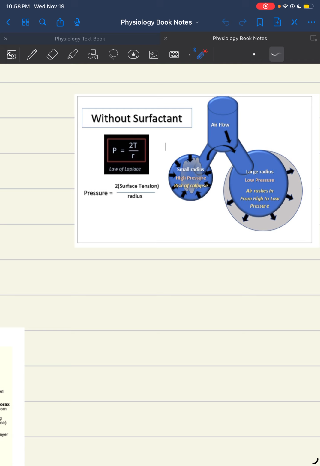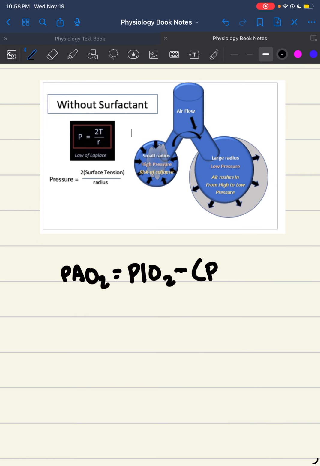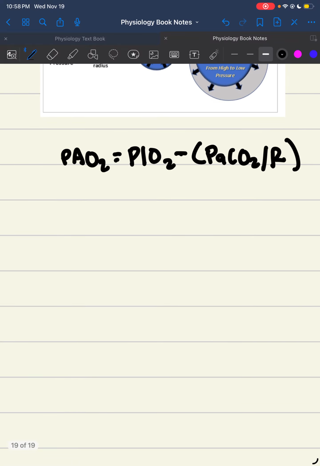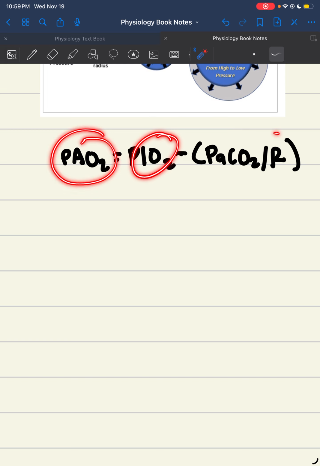Alveolar gas exchange. We're talking about this specific equation: PAO2 equals PiO2 minus PaCO2 divided by R. This is inspired oxygen, arterial carbon dioxide, and this is the respiratory exchange ratio, which is usually 0.8.